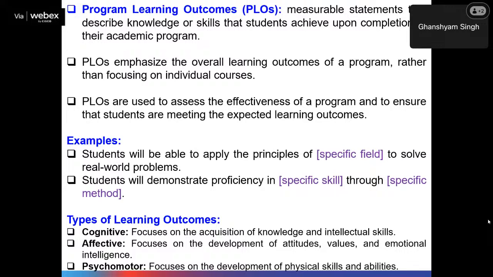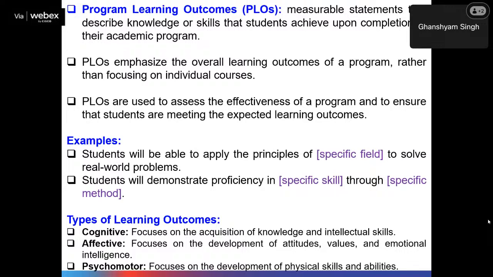Now, some examples: we can write a PLO such that students will be able to apply the principles of a particular field they are studying. Let's say analog communication: they will be able to apply the principles of analog communication to solve real-world problems. Or, students will demonstrate proficiency in a specific skill like coding, through a specific method in Python. This is how we can define the PLOs.